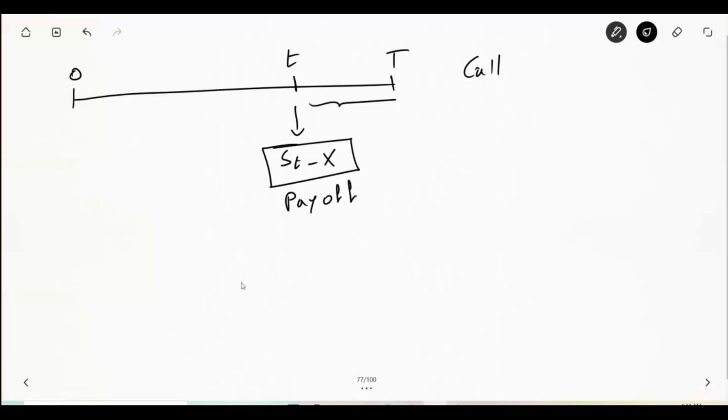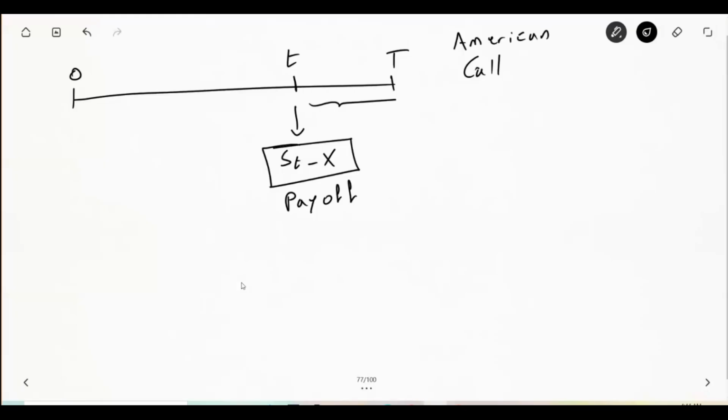Now, the option can be exercised because it's an American. It can be exercised at any point in time given that the price of the stock is greater than the strike price. So let's say that an investor holds that option.